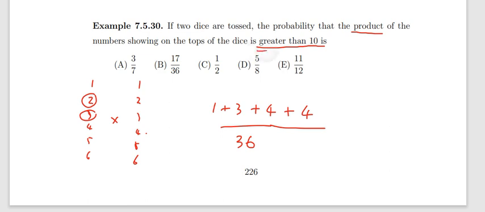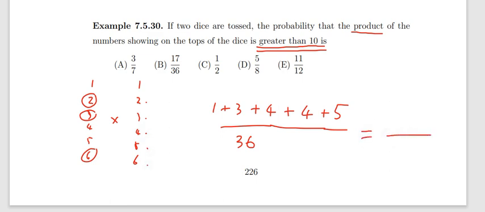If the first one is 6, then it could be 2, 3, 4, 5, 6, 5 ways.